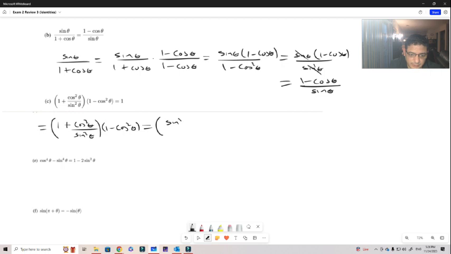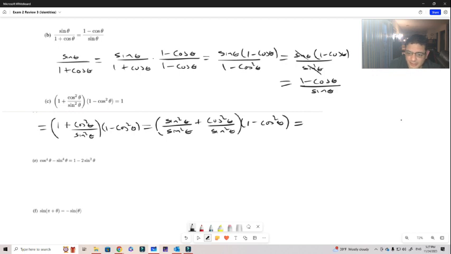So let me just do this step by step. This is sine square over sine square, which will be 1 plus cosine square over sine square. And then 1 minus cosine square.